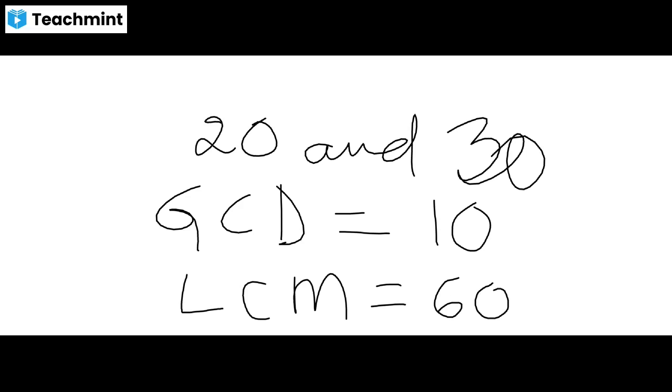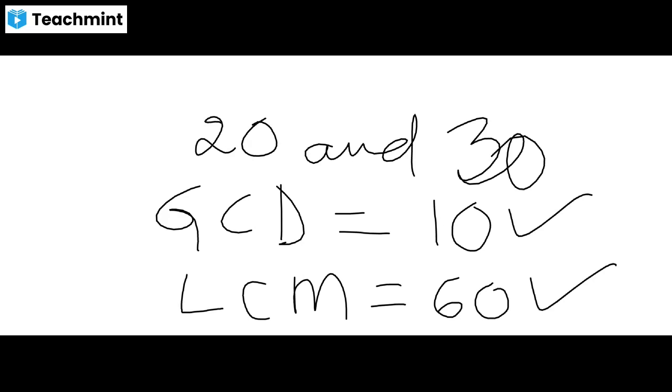We are going to connect this numerical example and polynomials. Before we discuss the detail of how we get the GCD and LCM, the answers GCD equal to 10 and LCM equal to 60 are absolutely correct.